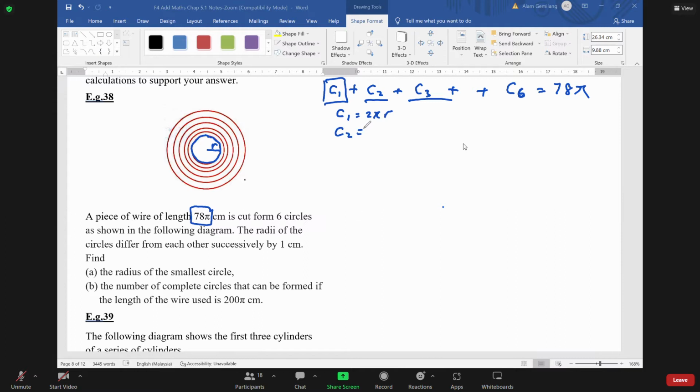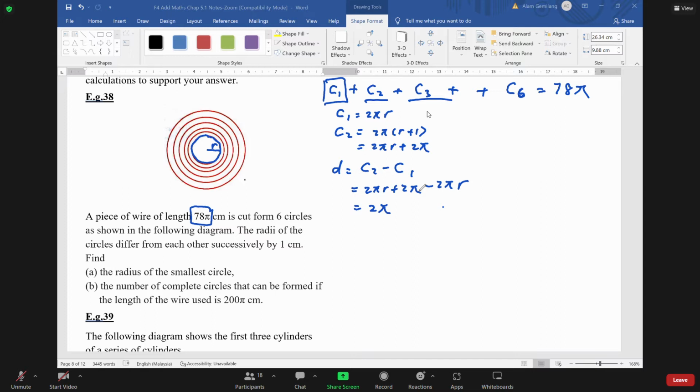Now the radius increases by 1, so it's 2 pi (r plus 1), so it's actually 2 pi r plus 2 pi. Correct? Then what is D? D is C2 minus C1, so 2 pi r plus 2 pi minus 2 pi r. So your common difference is 2 pi.